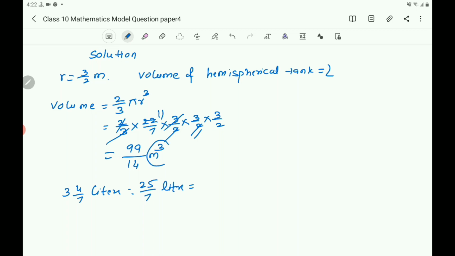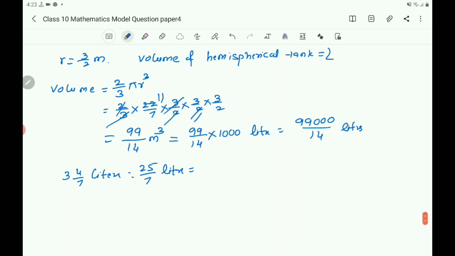As the volume is in m cube, convert this also into liters, that equals 99/14 into 1000 liters, that equals 99000/14 liters of water in the tank. So the rate of emptying is 25/7 liters per second.